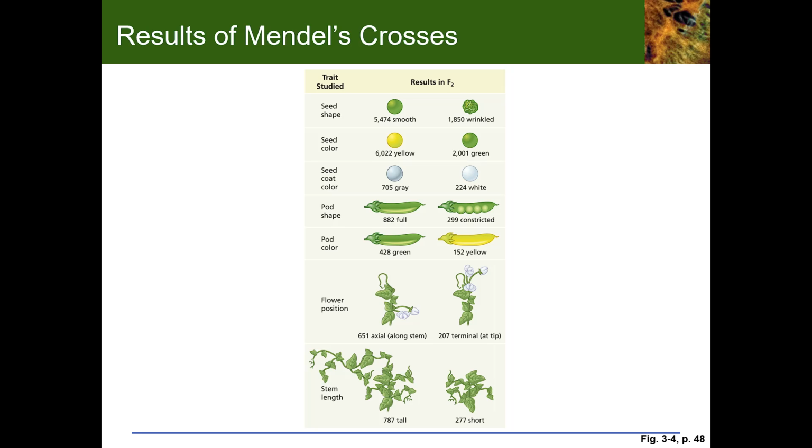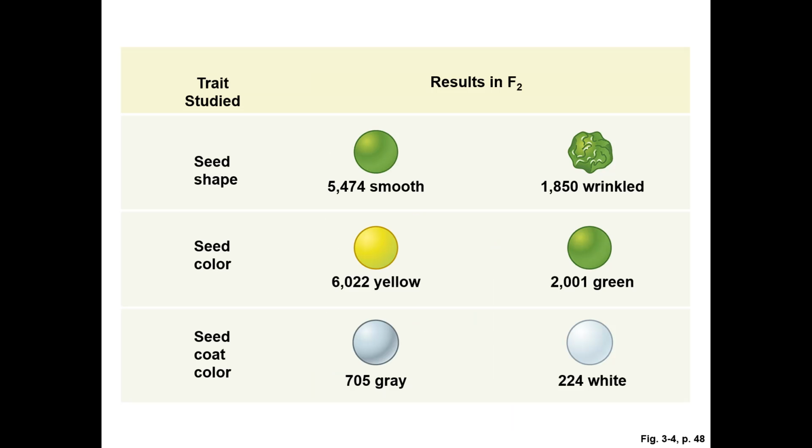As you can see here, it shows the result of his cross and the F2 generation, some of the different traits that he looked at. Again, there's the 5,474 smooth, 1,850 wrinkled, etc. And obviously there are some different characteristics there. But we're going to focus on seed shape right now.